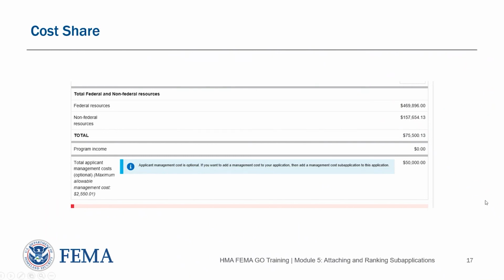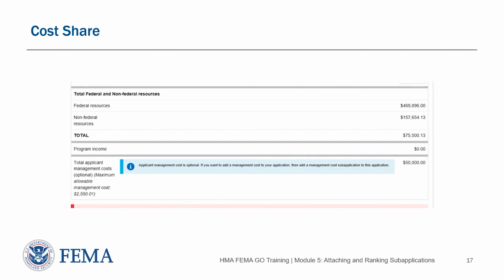FEMA GO also checks to make sure that the non-federal commitments and management cost amounts are within programmatic requirements. The maximum amount that may be provided to the applicant for management costs is up to 10% of the total of all sub-applications. The applicant is not required to apply for management costs. If the amount of management costs included in the application exceeds 10% of the total sub-application budget, a warning will be displayed.